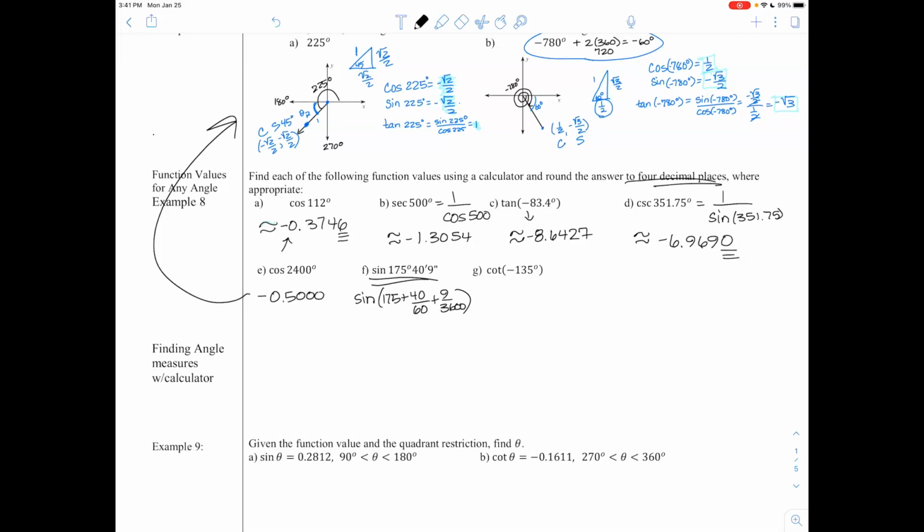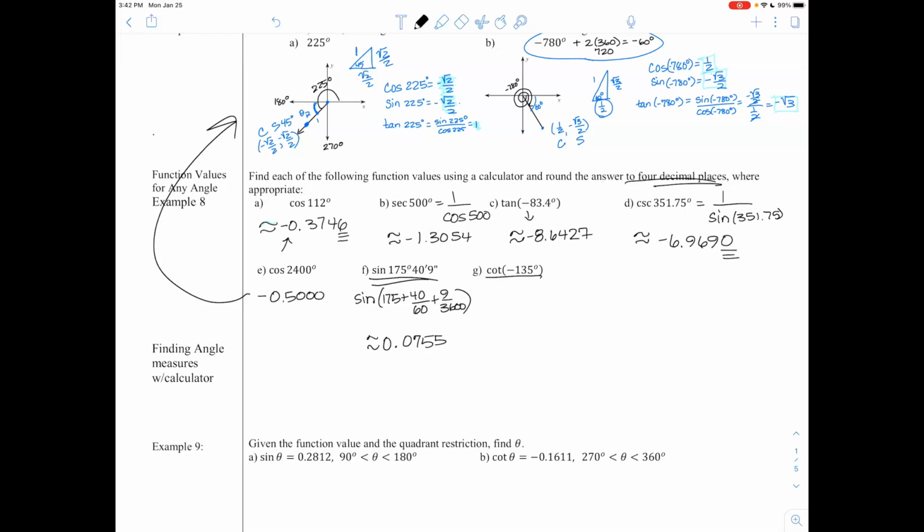Plugging that into your calculator, the value here is 0.0755. I'm just going to double check that real quick so that I'm sure I didn't give you bad information. Yeah, it's correct.